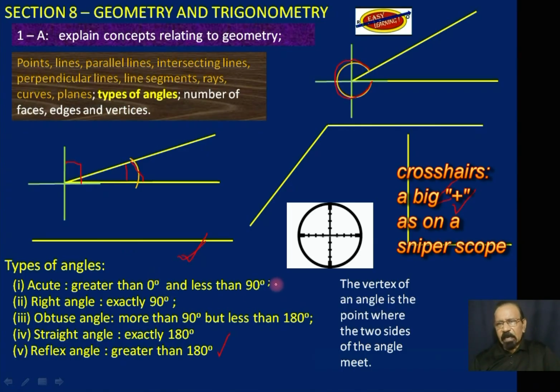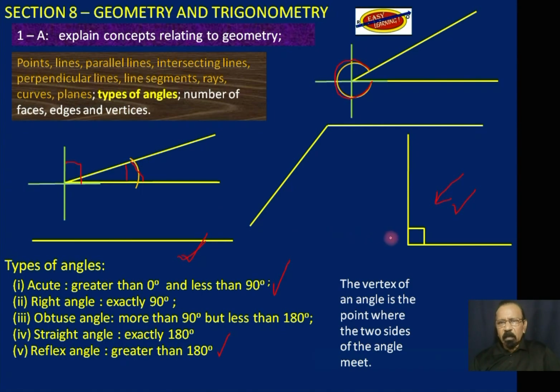So that is less than 90. That one will be an acute angle. This one here, this partial square here, means 90 degrees. So when you draw 90 degrees, instead of using a smooth arc, you use a partial square.